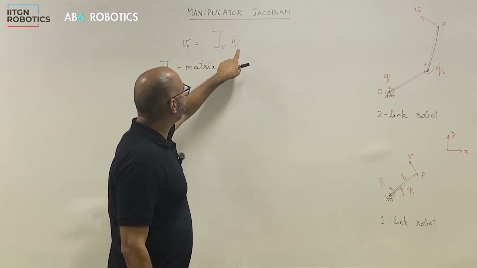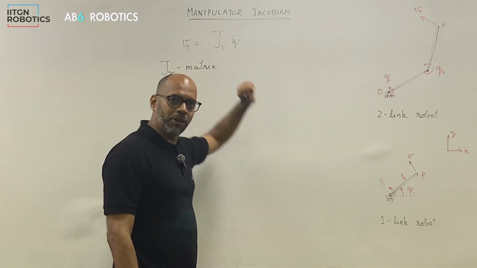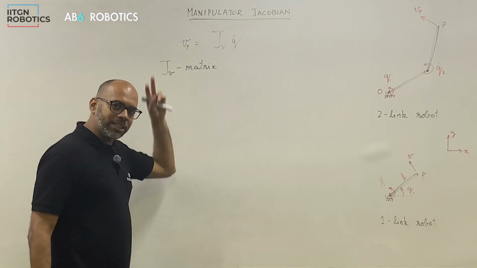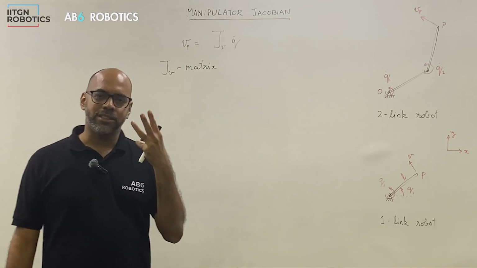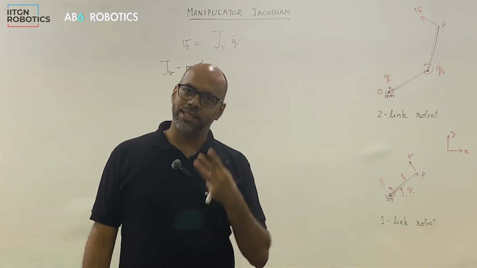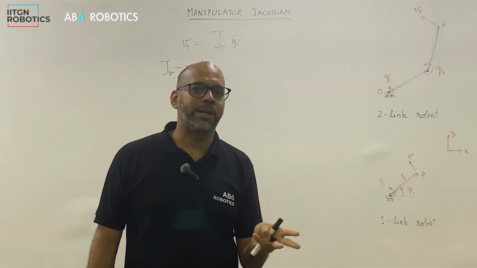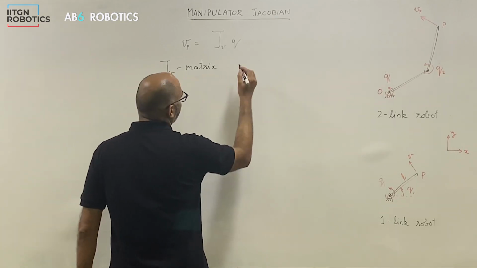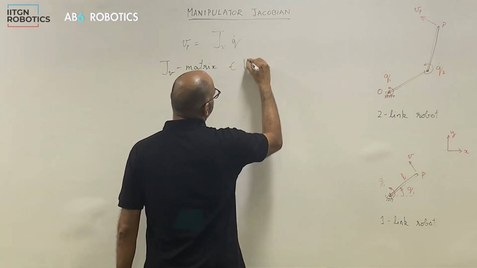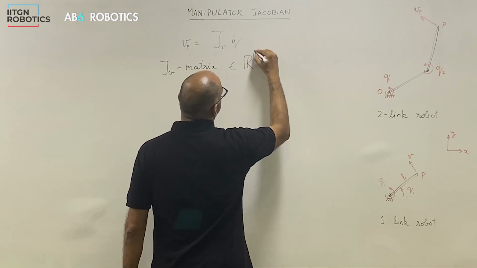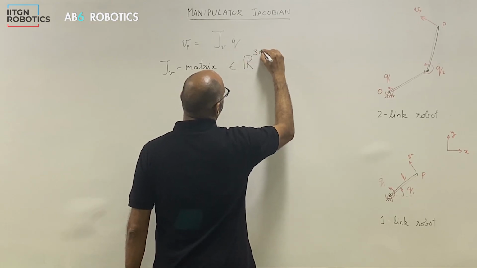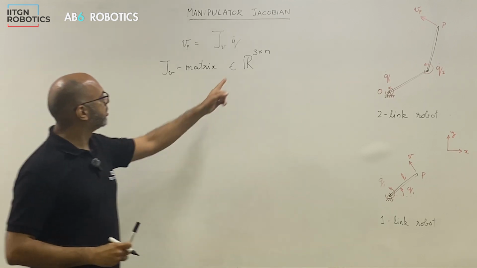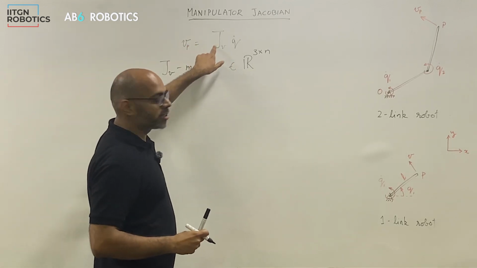It would depend on how many joints, or how many degrees of freedom, the robot has. And the velocity will typically have either two components, or if you're talking about motion in three dimensions, three components. So that will not depend on the number of degrees of freedom. So in the general case, this is a matrix which is 3 by n. 3 because you're talking about three-dimensional motion, so you will have 3 rows for this matrix.